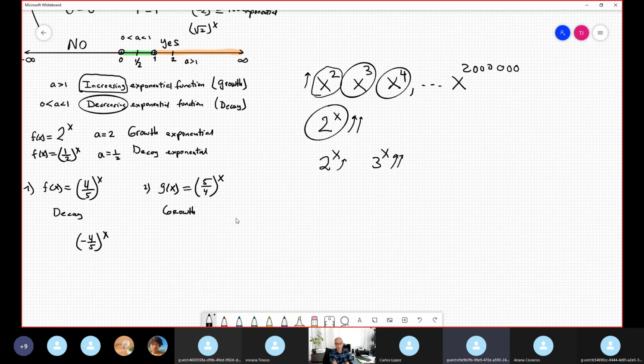Maybe you hear that the pandemic propagates exponentially, right? Does that mean it is too fast or slow? Nobody says the pandemic propagates quadratic or cubic or to the fourth power. They say it propagates exponentially.